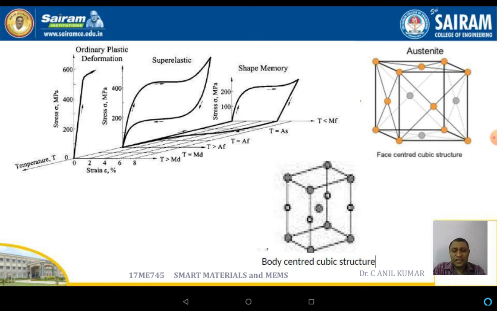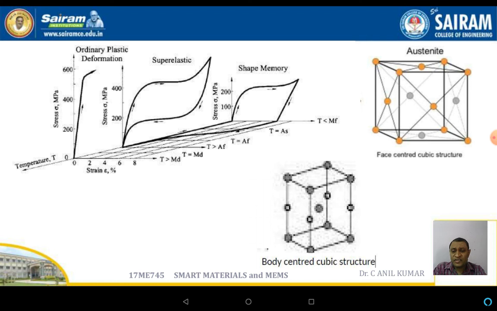That strain recovery is done by using the temperature range, or by giving a small amount of heat to the metal. The transformation from martensite finish to austenite start will take place. As the temperature rises, the crystalline structure changes from austenite start to martensite finish.